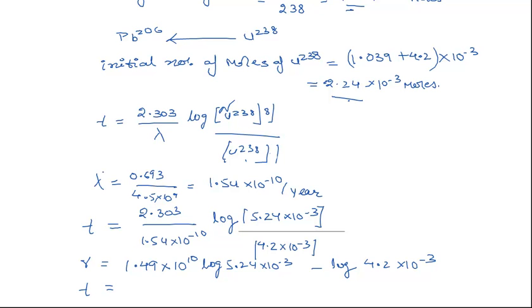So log of 5.24 into 10 to the power minus 3 is 7.193 into 10 to the power minus 4, minus 6.232 into 10 to the power minus 4.